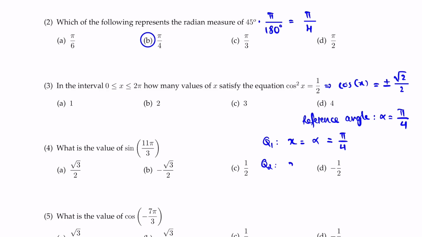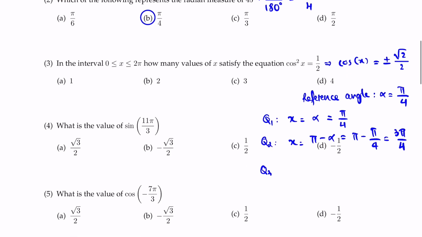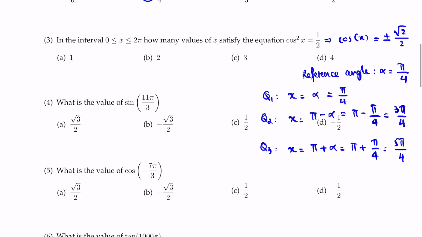In quadrant 2, you have x equal to pi minus alpha, which is pi minus pi over 4, or 3 pi over 4. And in quadrant 3, you have x equal to pi plus alpha, or pi plus pi over 4, which is 5 pi over 4. And in quadrant 4, you have x equal to 2 pi minus alpha, or 2 pi minus pi over 4, which gives me 7 pi over 4.